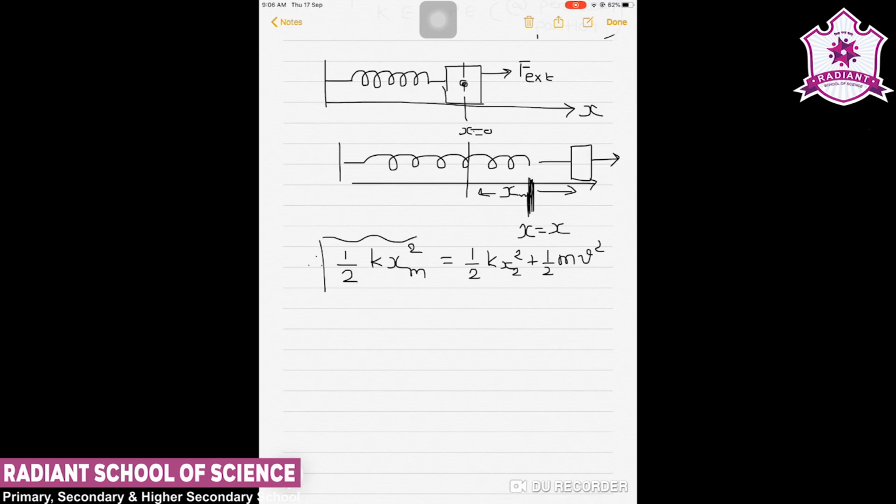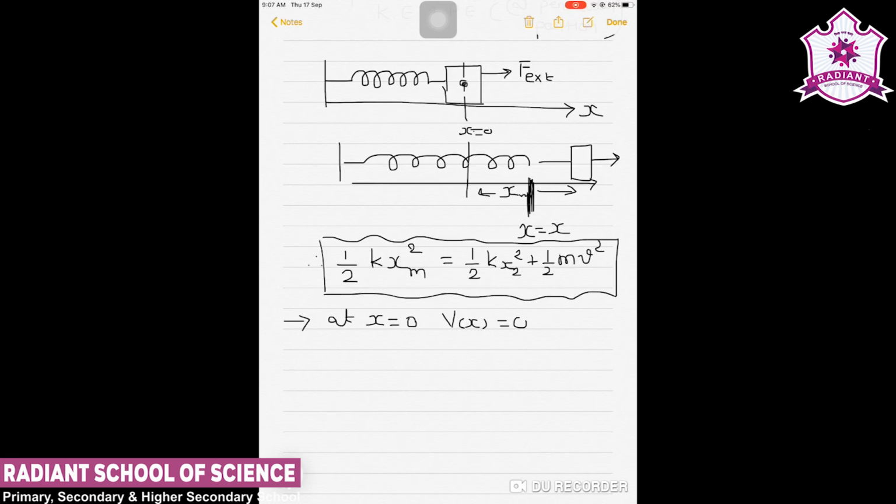This will be the total energy for the spring at any point. Now obviously at x equals 0, V(x) we have already considered 0.